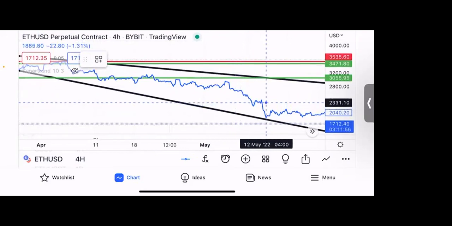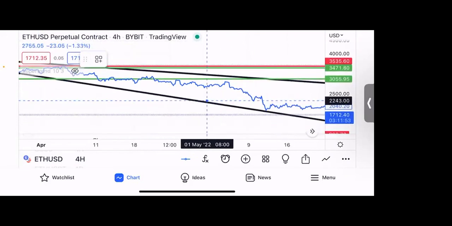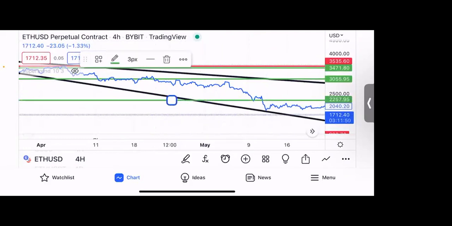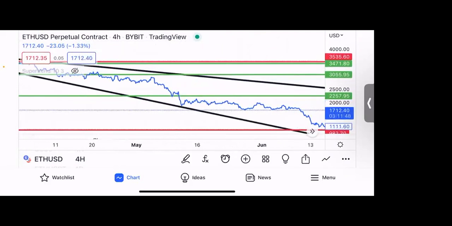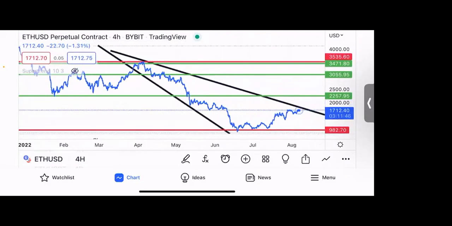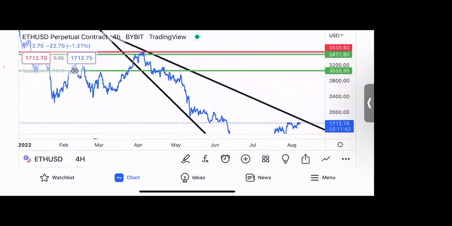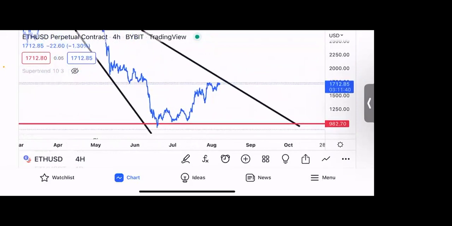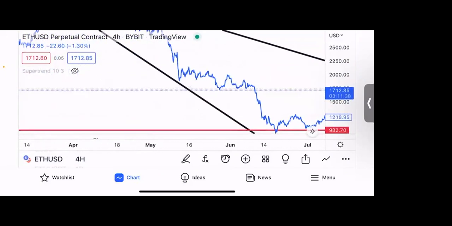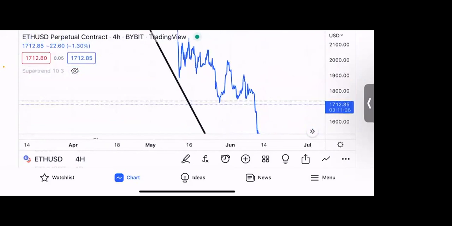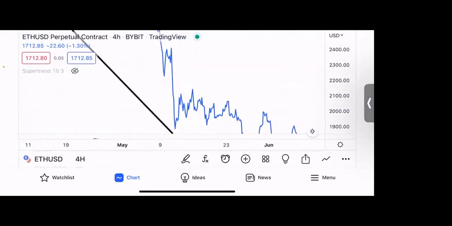No touch there. I'm gonna work my way down because there was no touches up there.